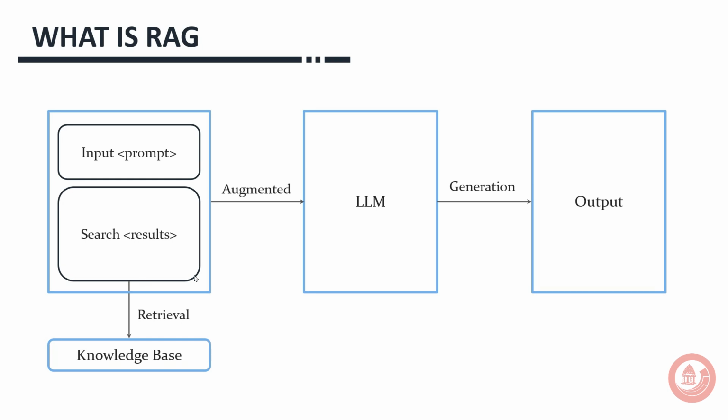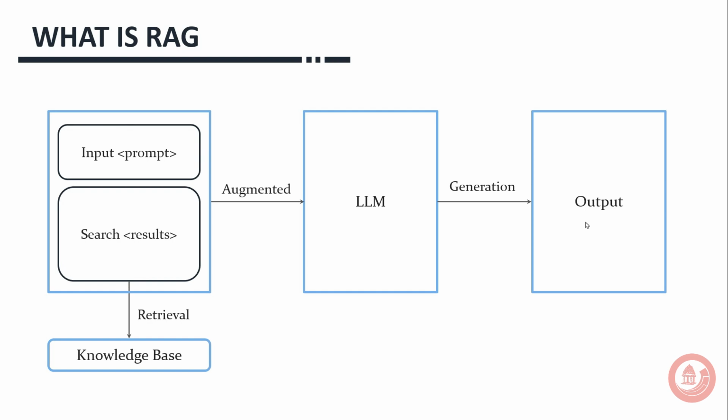You get those search results, attach them with the user input, basically whatever question the user has asked, and send it to the LLM. LLM is nothing but the model. This is called retrieval: you retrieve from your knowledge base and you augment it. The search results will be attached to the user's question and sent to the model.